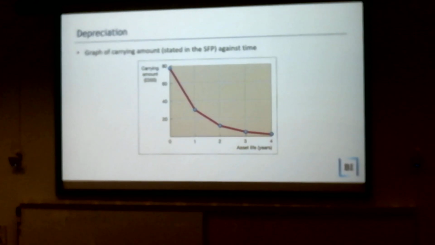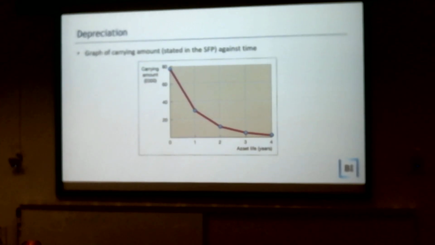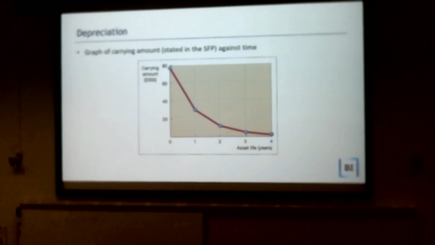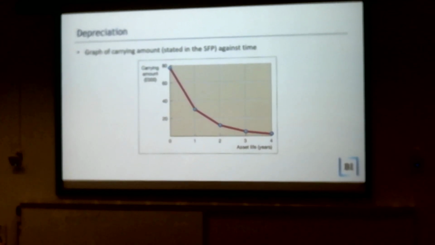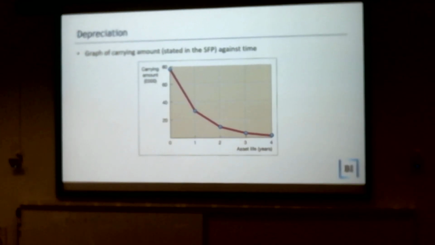So my first question was, what happens if you get this 2,000 you calculated with? Follow-up question is, what happens if you only get 1,000 when you sell it? But you did the depreciation as we calculated and ended up with a carrying value of 2,000.